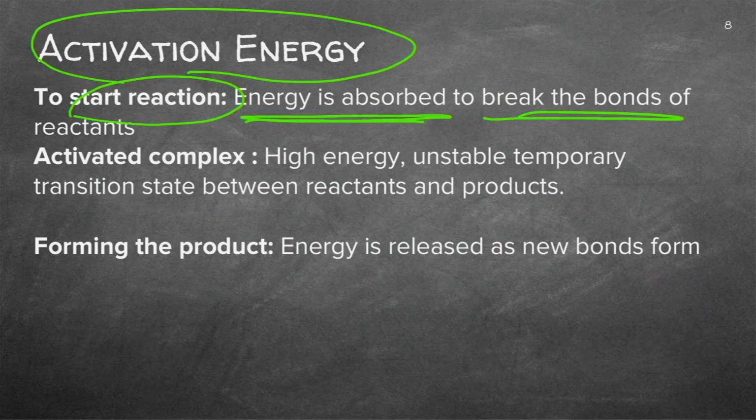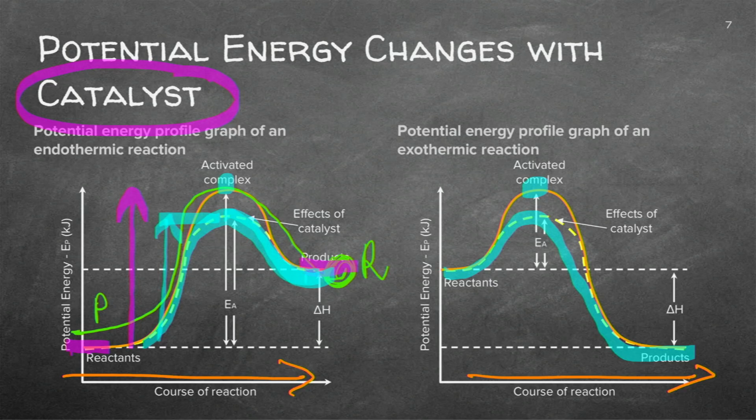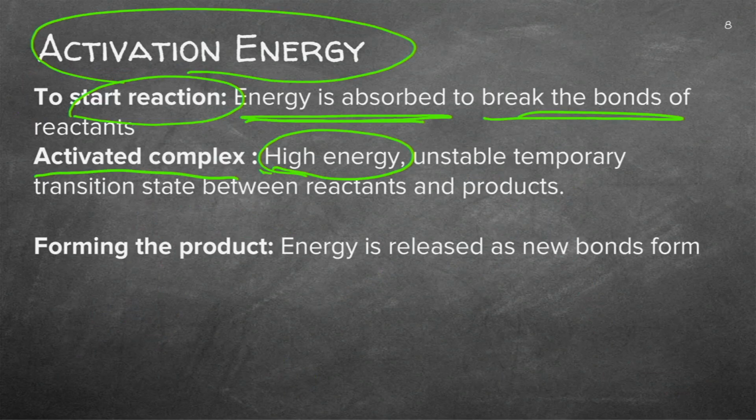What is the activated complex? It's a high energy, unstable transition state. So I'll draw a few diagrams just now where I will show you where the molecules are. But interesting now, in both cases, the activated complex is up there. It's loose atoms or ions. It's not bound to each other like there. And it is, remember the word, it's high energy.